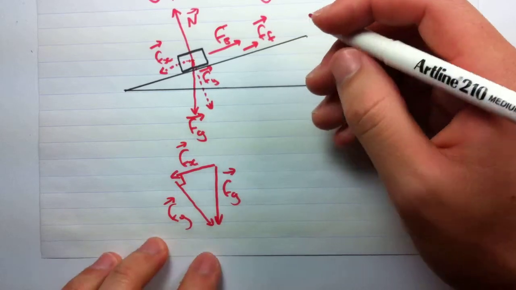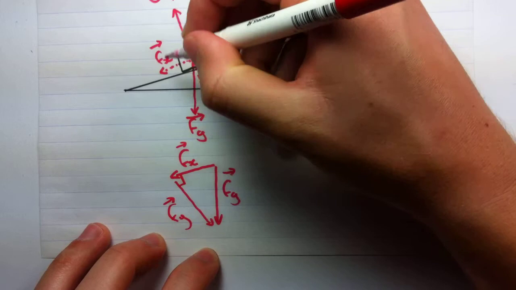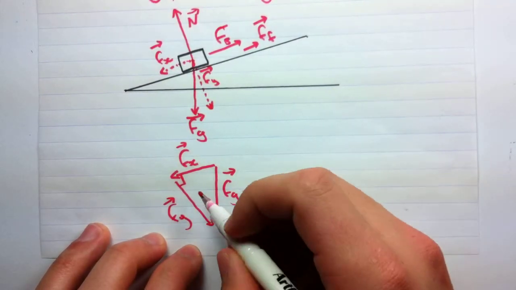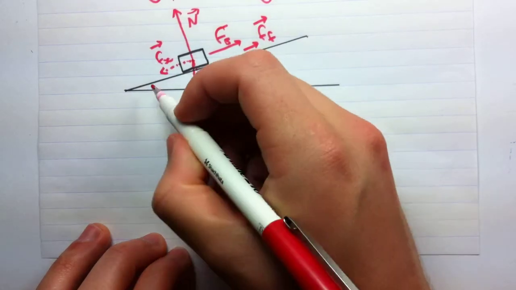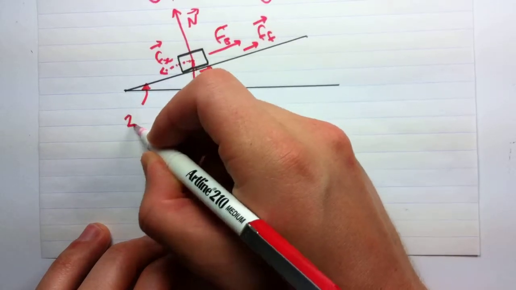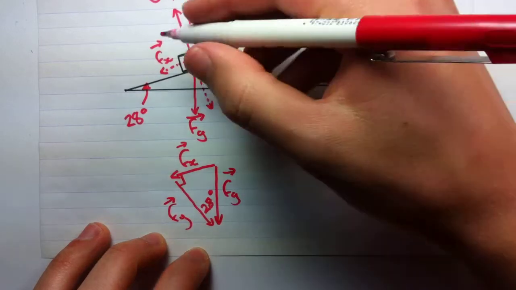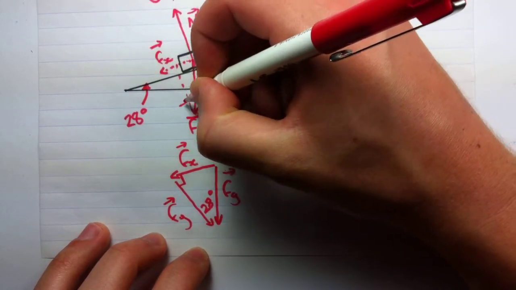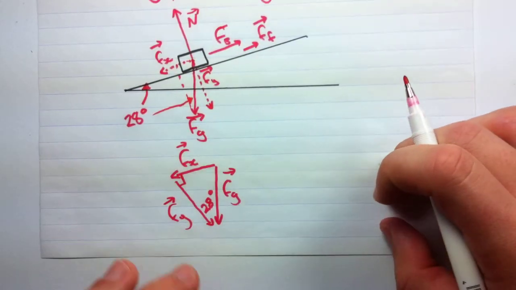And the angle between Fx and Fy, if you'll remember, I asked you to prove it as an exercise, is actually 28 degrees, just like the angle of the plane, which I just read off the question. So this angle in here is also 28 degrees. Right, let's leave that diagram. It's getting a bit too messy.